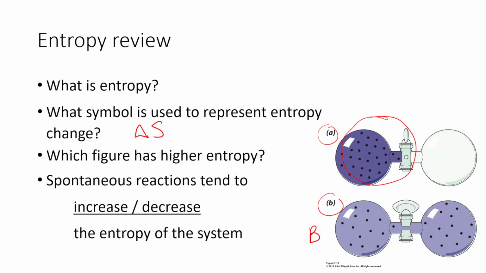Okay, so spontaneous reactions, do they tend to increase or decrease the entropy of the system? Yes, so when you increase entropy, it is more likely for your reaction to be spontaneous. Not always, but it helps.